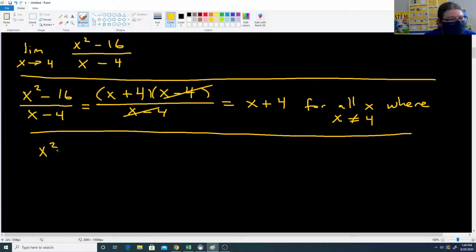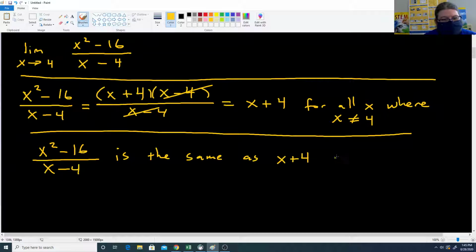So x squared minus 16 over x minus 4 is the same as x plus 4 for all x's except x equals 4.